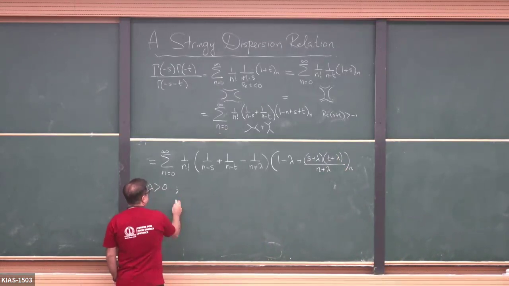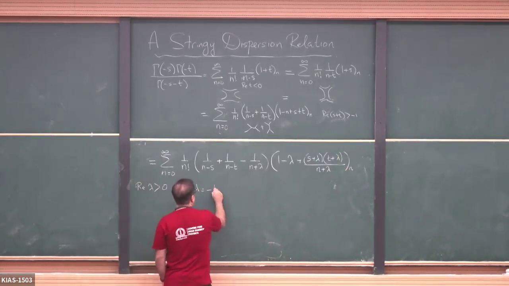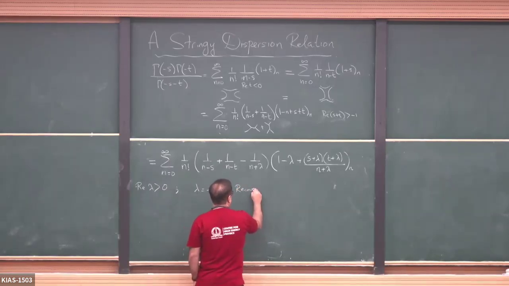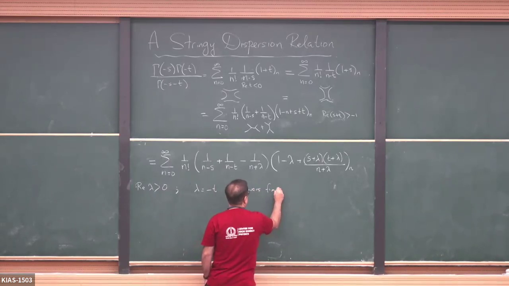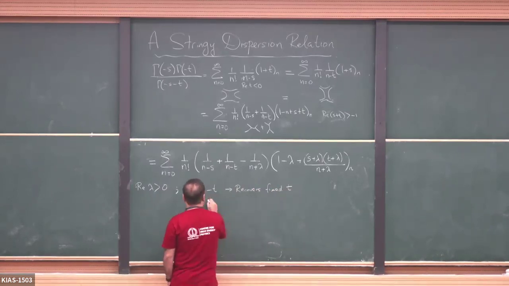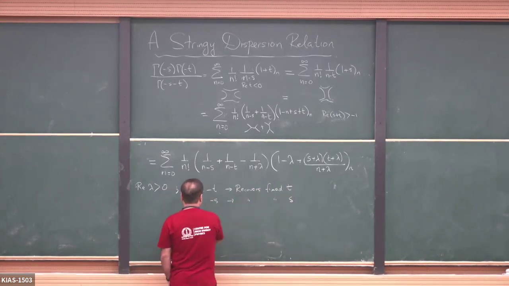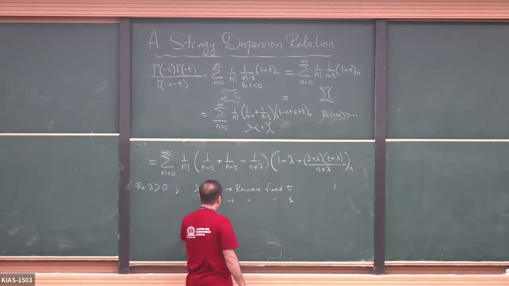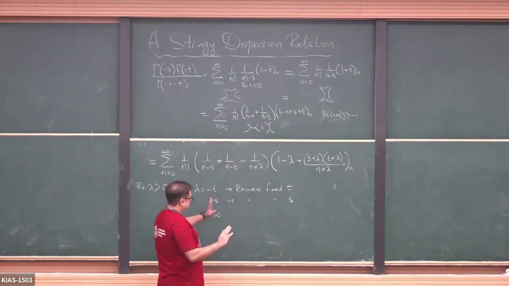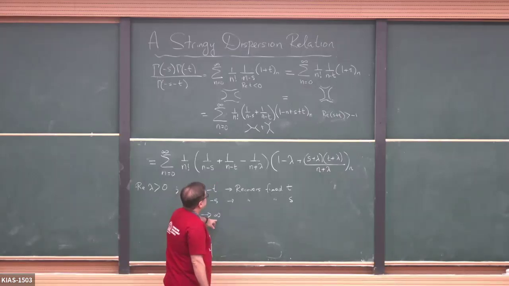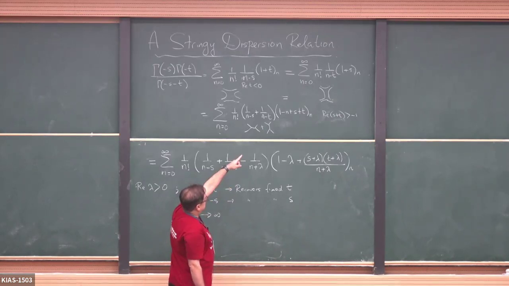I'll make a note of that there: lambda equals minus t recovers fixed t. Minus s recovers fixed s. And if you take infinity, and this you have to do after thinking of truncating the sum, because otherwise taking this to infinity when there is a summation index does not make sense.